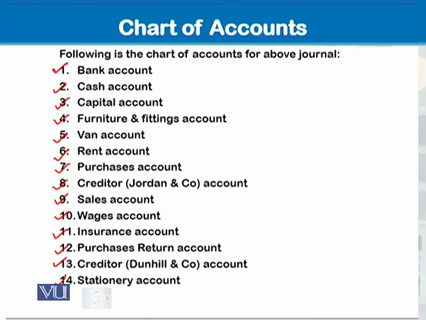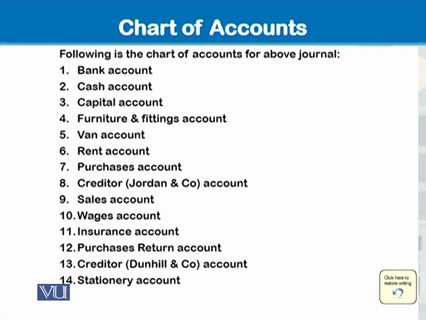So what you see is that there are 14 ledger accounts that we need to develop in our main ledger. Remember this list: bank, cash, capital, furniture, van, rent, purchases, creditor Jordan, sales, wages, insurance, purchase return, creditor Dunhill, stationery account. These are the 14 ledger accounts that we would be preparing in our main ledger.